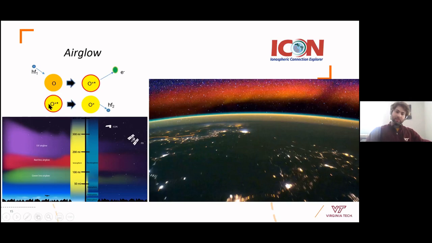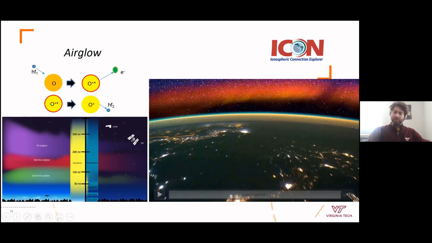So we can start entering into the time scales that are necessary for them to radiatively de-excite, to release a photon and to re-enter into their ground state, right? And these photons are the ones that we see in the form of airglow, right? So depending on the species, we have green airglow, we have red, and then we have some in the UV as well. And we're going to be taking a look at all of these using ICON.